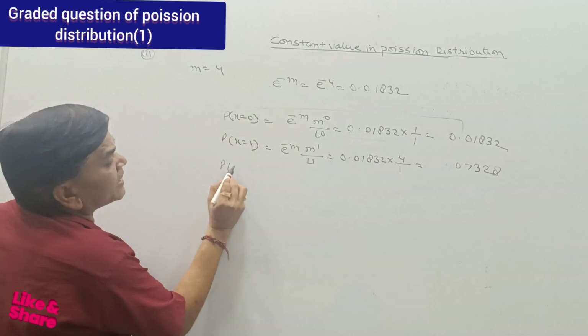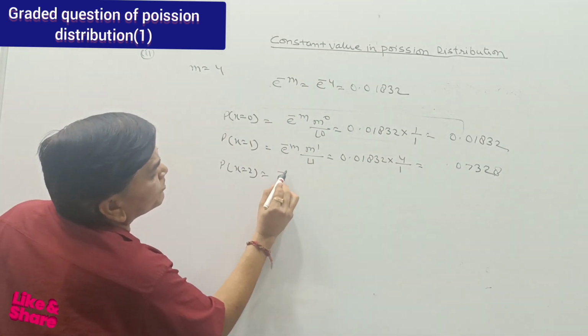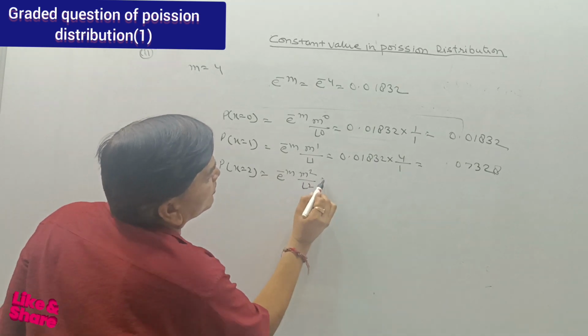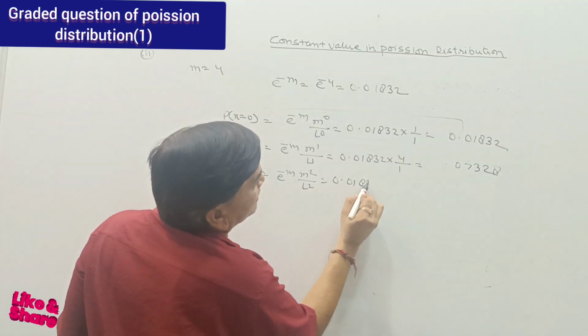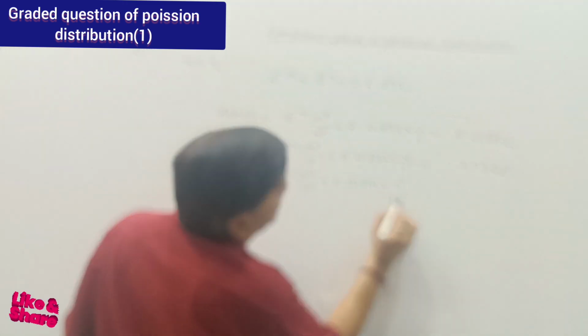Next, P(x=2) is e raised to power minus m, m raised to power 2 upon factorial 2, that is 0.01832 multiplied by 4 raised to power 2 upon factorial 2.